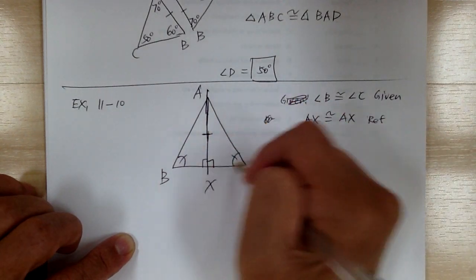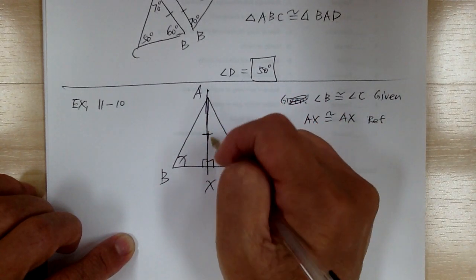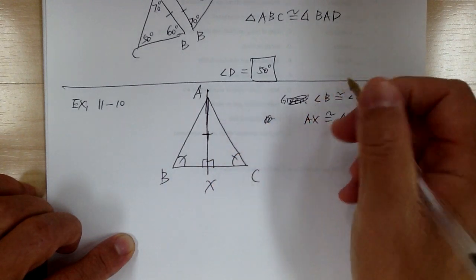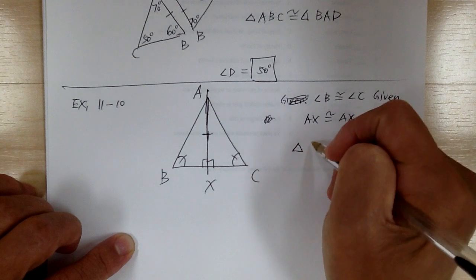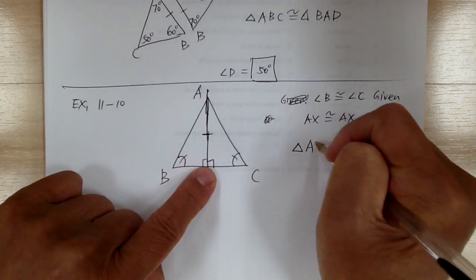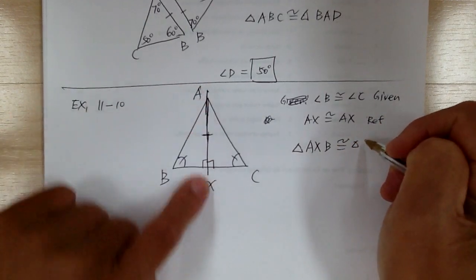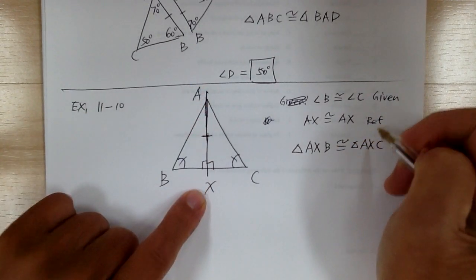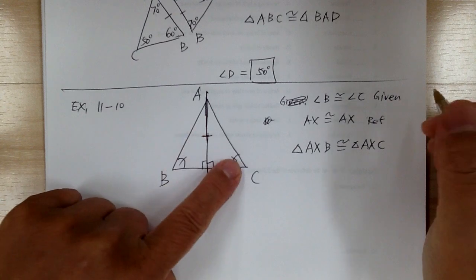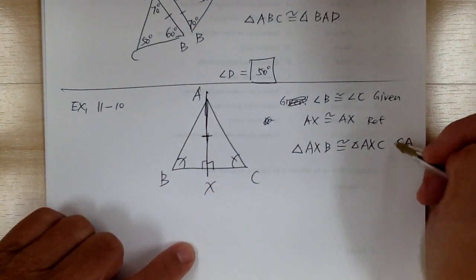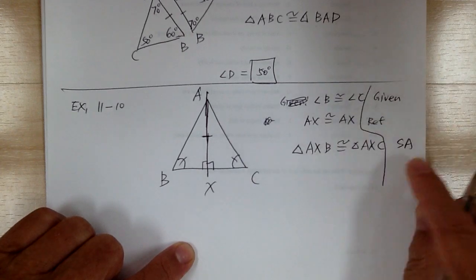Now since this is a right triangle, you can see that triangle AXB is congruent to triangle AXC. The reason for that is you have the LA, or the SA. This is the reasoning.